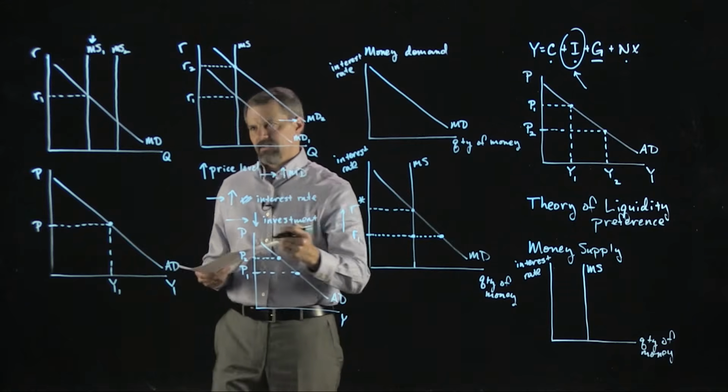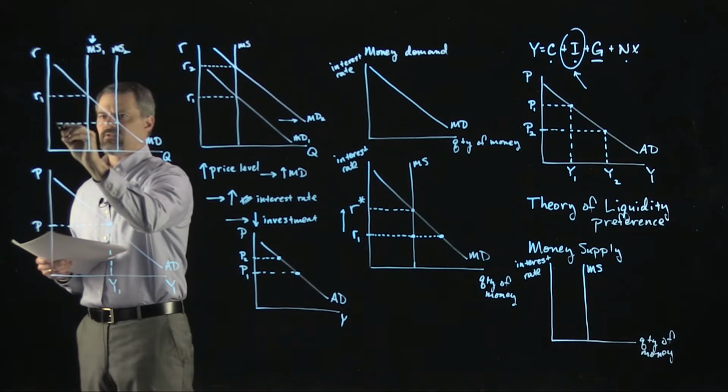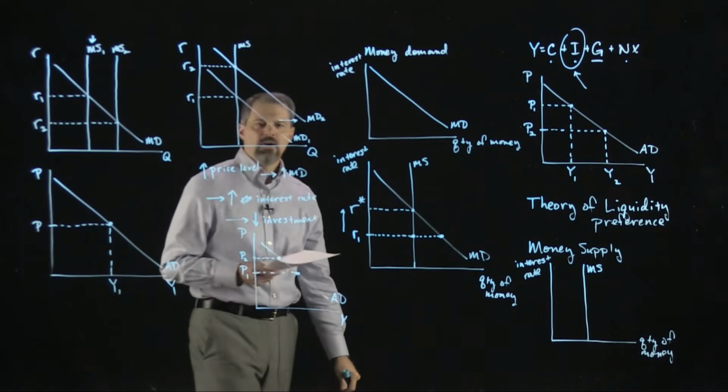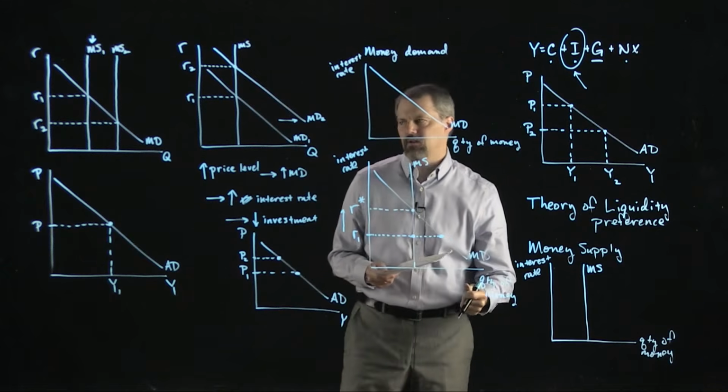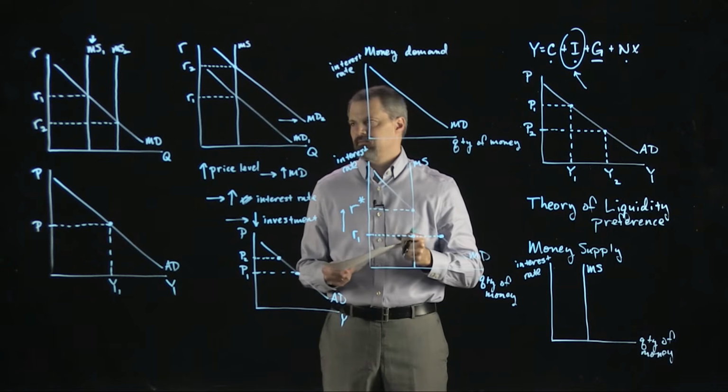What we know is that that's going to drive down the interest rate. So the interest rate is going to fall to R2. When the interest rate falls to R2, that means there's more investment taking place.